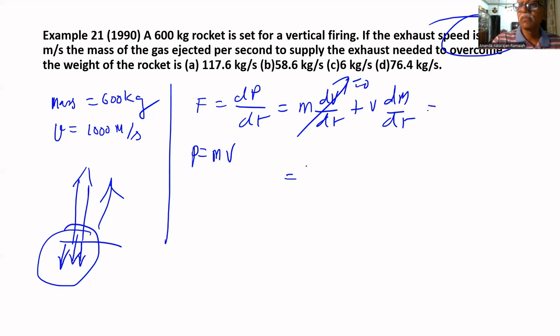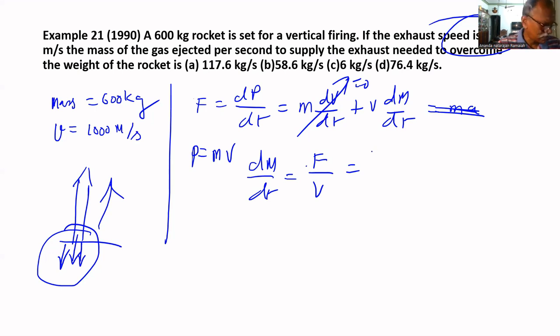F equal to ma also we know. The mass of the gas per second is required; dm by dt we would find. That is dm by dt equal to F divided by V. F equal to ma.